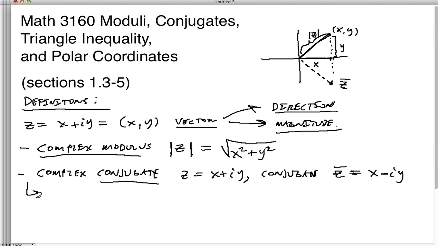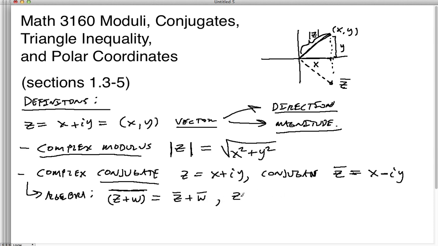What about the algebra of this? Well, the algebra is pretty simple. We have to see how this complex conjugate operation works with the algebra. First of all, you can easily verify that if I have two complex numbers and I add them together, the complex conjugate of the sum is the same as the sum of the conjugates.